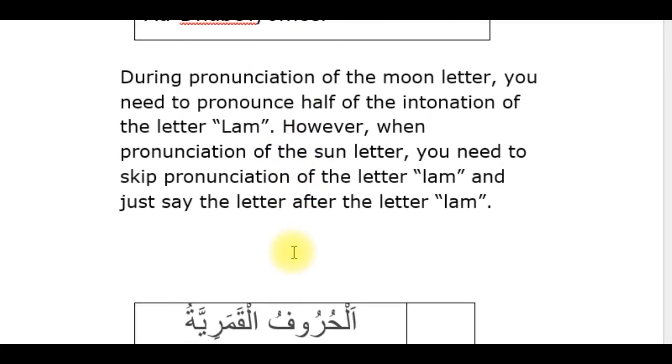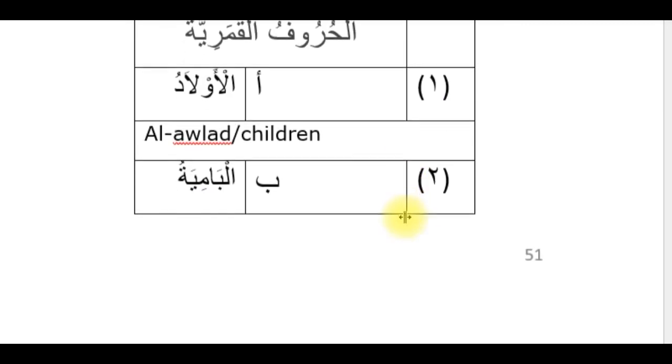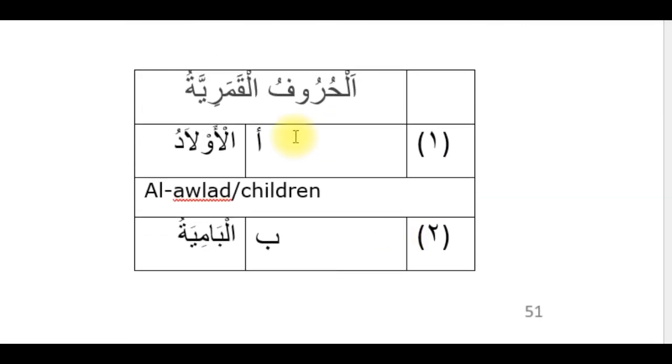During the pronunciation of the moon letter, you need to pronounce half of the intonation of the letter lam. However, when pronouncing the sun letter, you need to skip pronunciation of the letter lam and just say the letter after the letter lam. Next, al-huruf al-qamariyah, the moon letters. One, al-awlad.